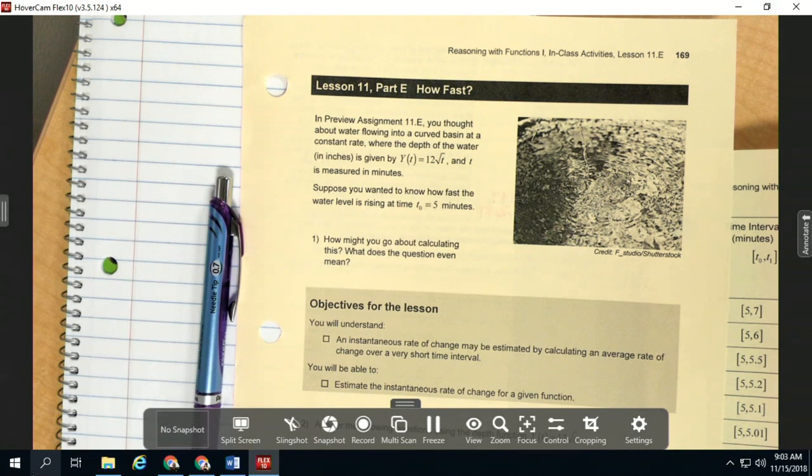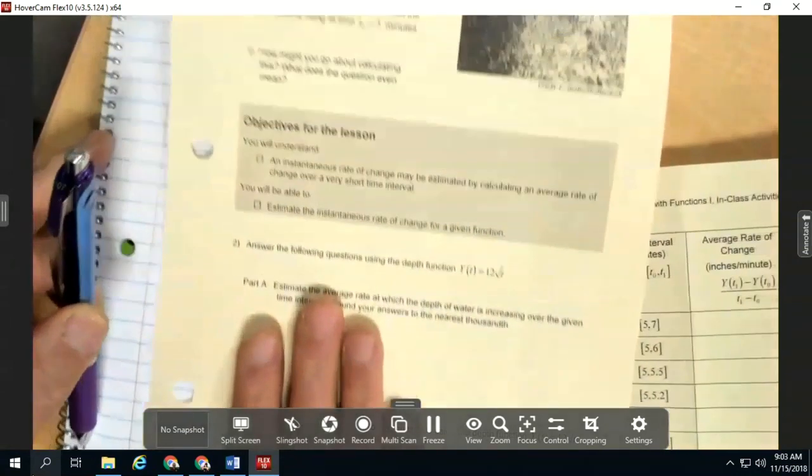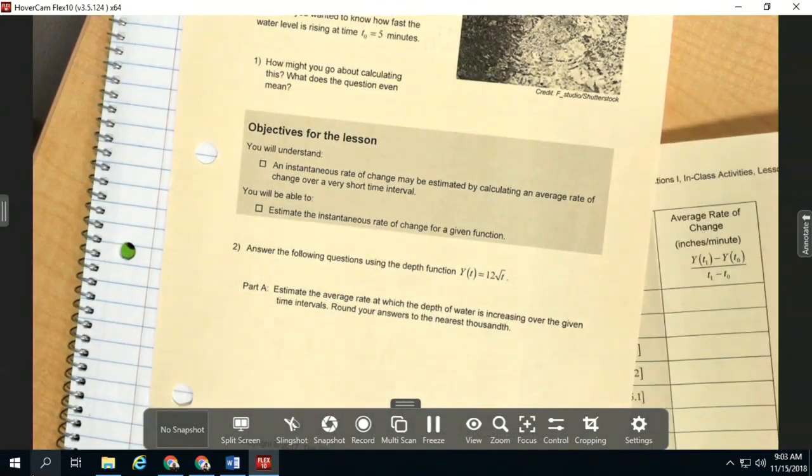But how fast were you driving at 9:05? There's a device in your car that helps you with that, right? It's called the speedometer. It tells you how fast you're going at that exact minute. But we've never calculated how fast the water is rising at 5 minutes. Well, that's what we're going to be doing in this lesson.